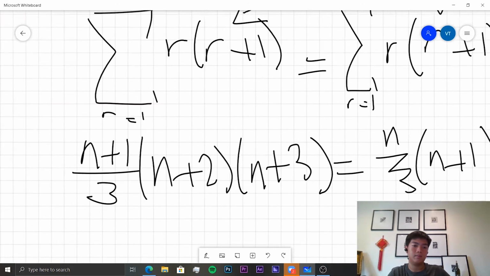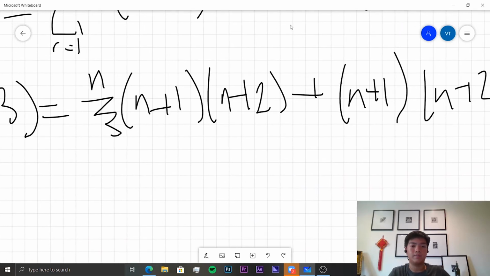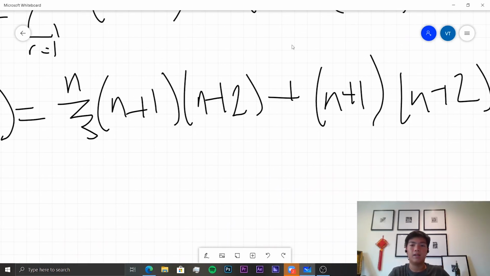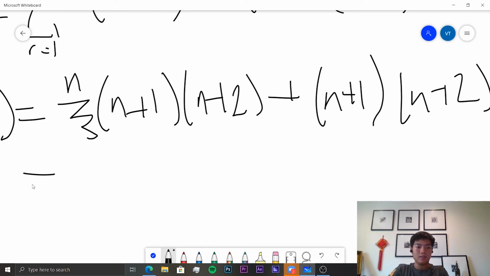Okay. So, I guess pretty straightforward that if we're adding 1 here, then actually, I think we need to expand everything first. So, let's factor out n plus 2.